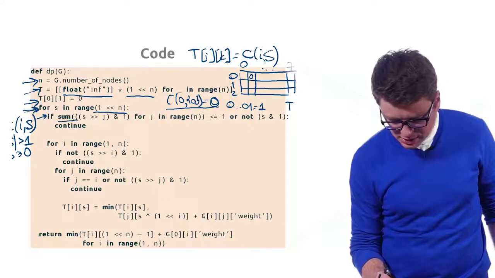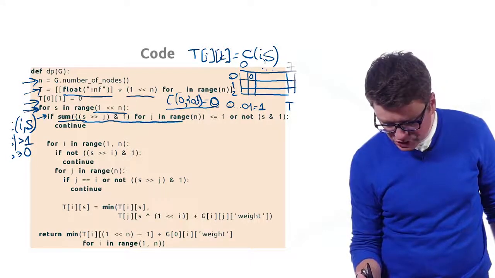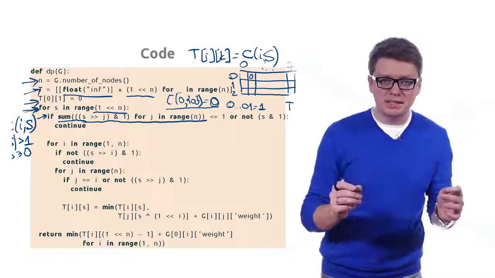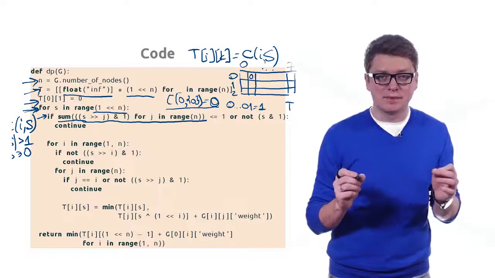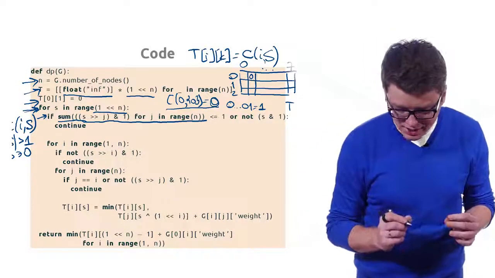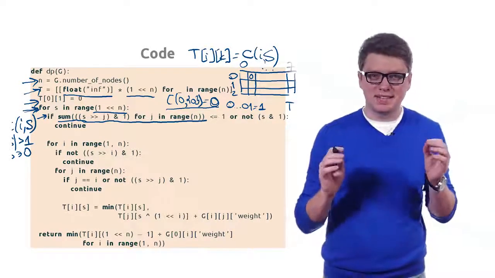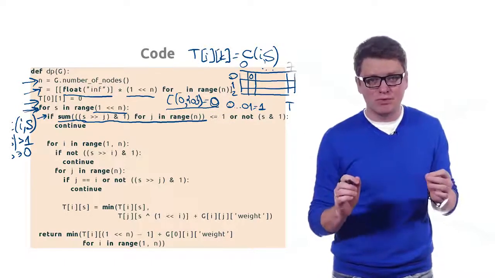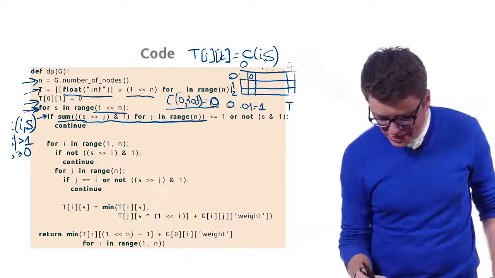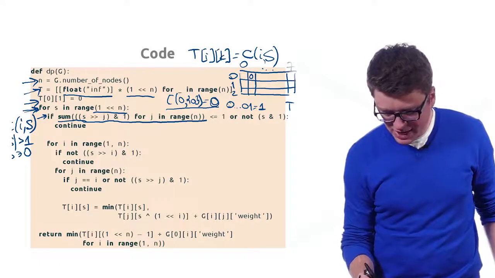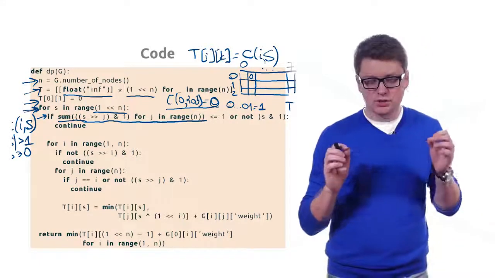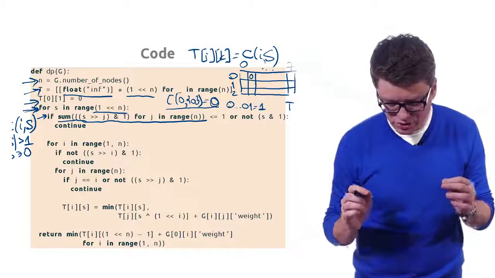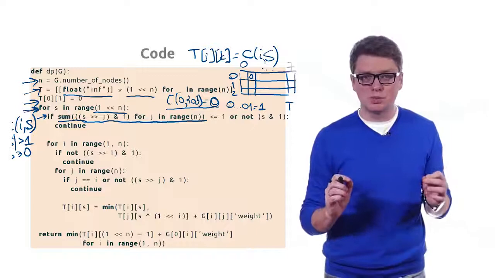This expression computes the sum of all the bits of the number S. We write down S in binary, and then again we use these bit tricks in order to compute the sum of all its bits. The variable j here is used to range through all possible bit positions in S, so j ranges from 0 to n minus 1.